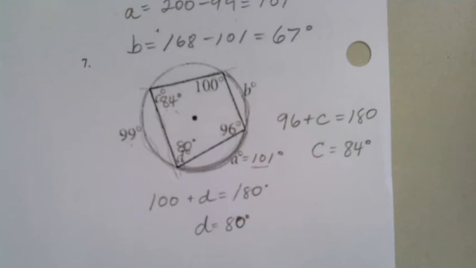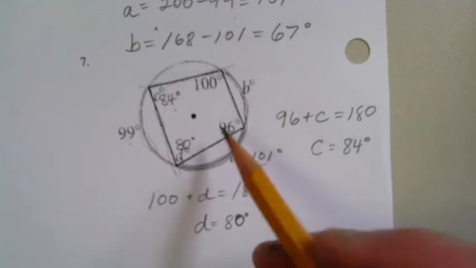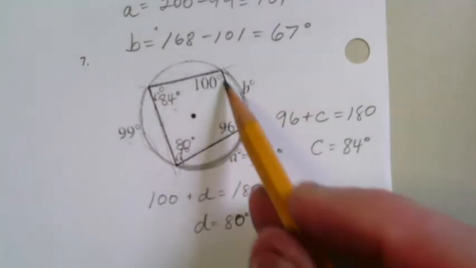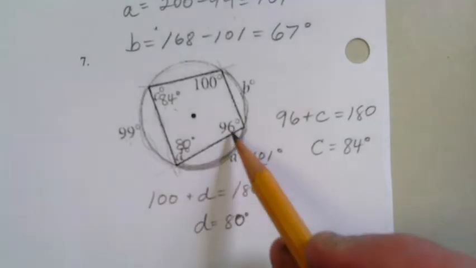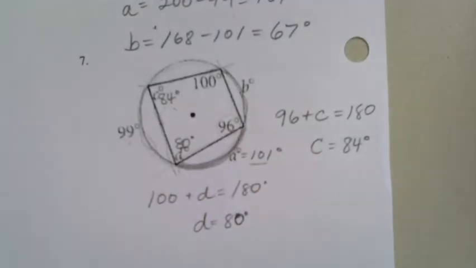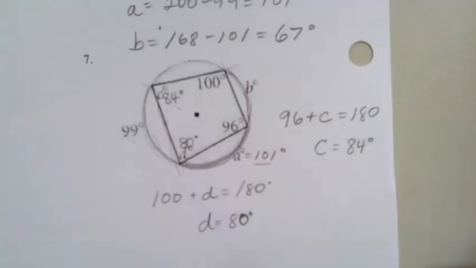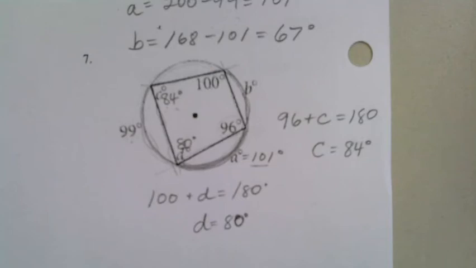Now, we could continue to double check ourselves if you wanted to. You could extend this angle out and say this whole arc right here has to be twice 96. What would that be? 192. And if we take 192 minus 99, that's 93 degrees.